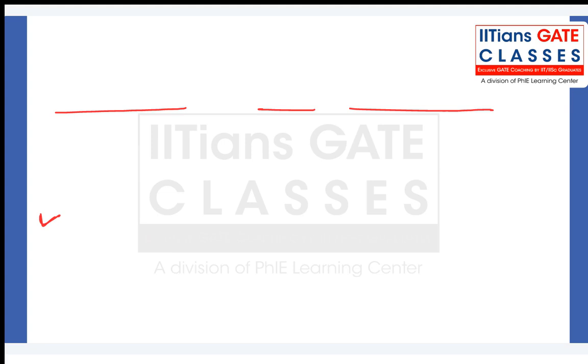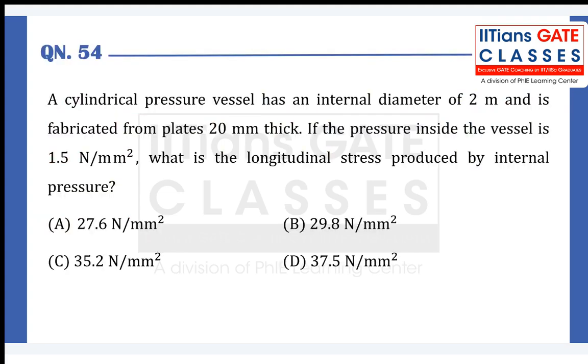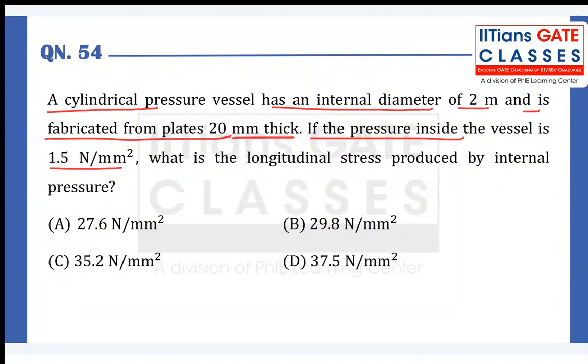Now another simple numerical from SOM. A cylindrical pressure vessel has an internal diameter of 2 meter and is fabricated from plates 20 mm thick. If the pressure inside the vessel is 1.5 Newton per mm square, what is the longitudinal stress produced by internal pressure?